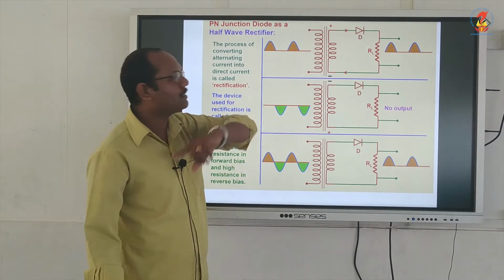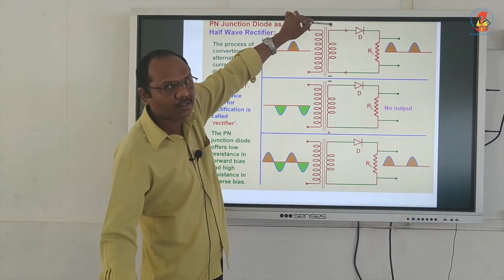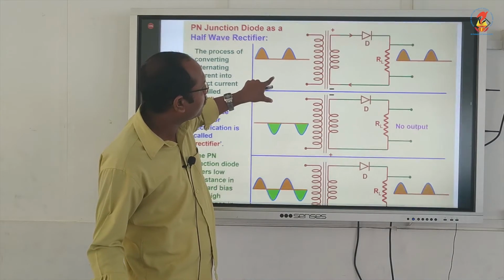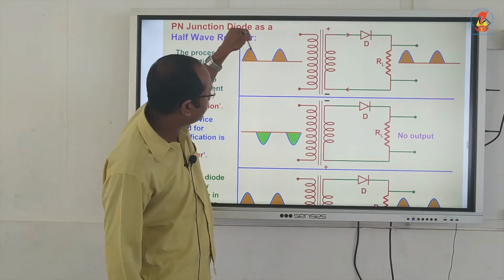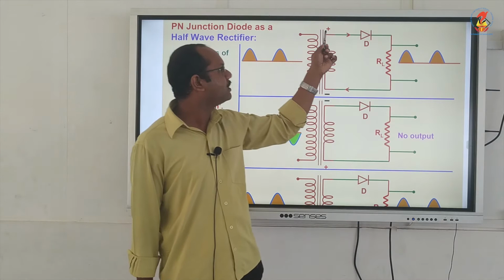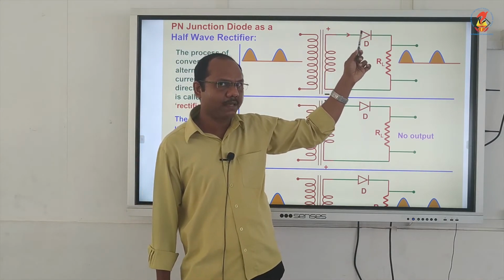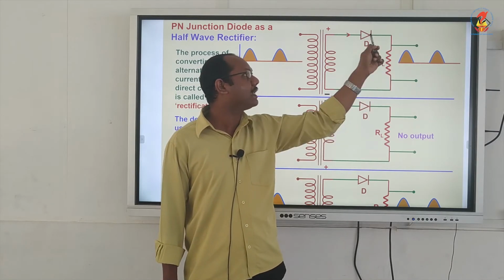For the positive cycle, this terminal will be positive and this terminal will be negative. As a result, what will happen? Positive is given to the P side, since I already told you the triangle is P, and negative is given to the N side.